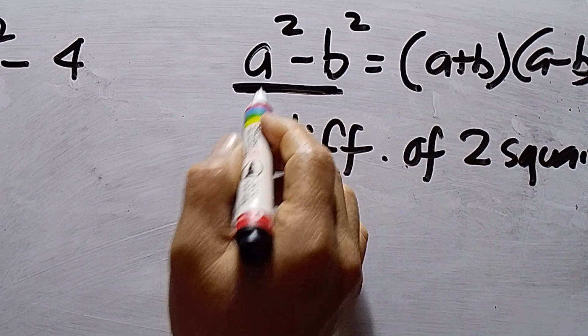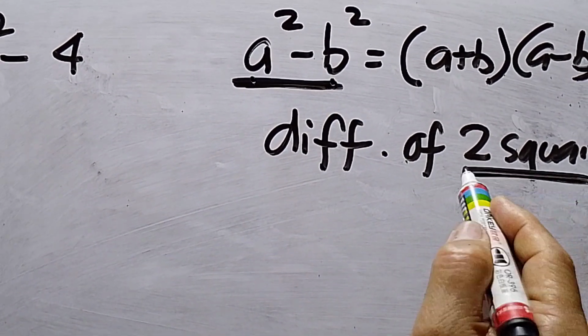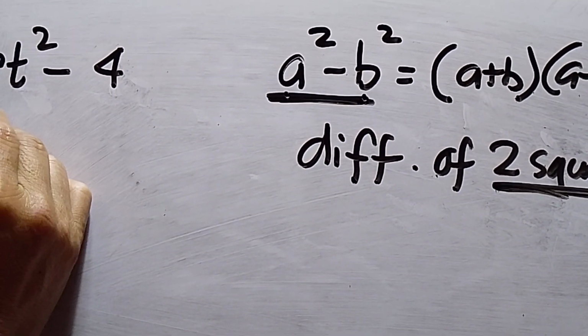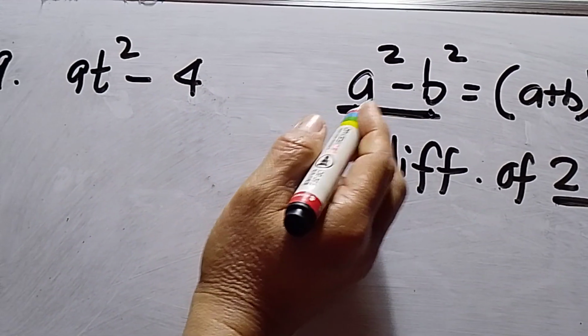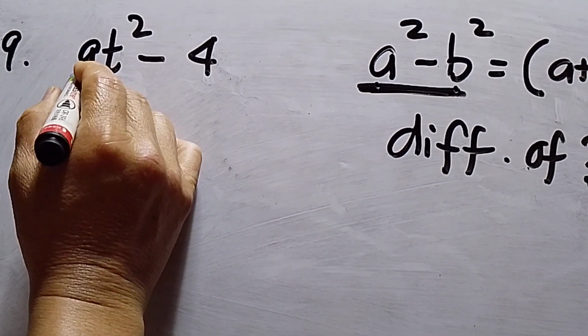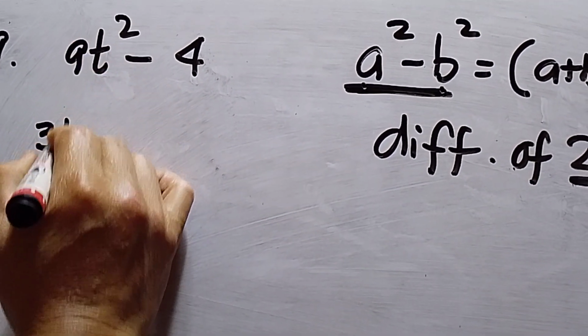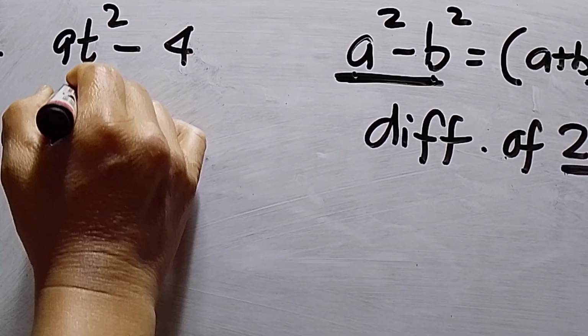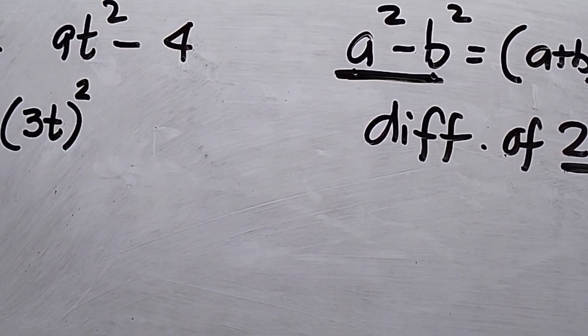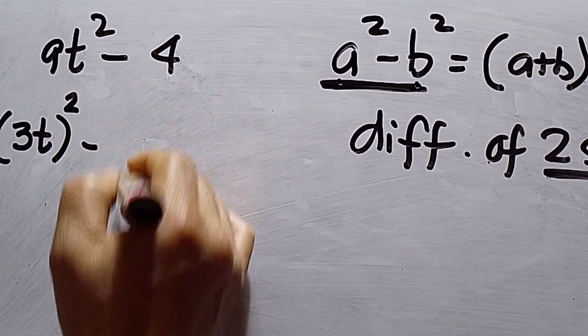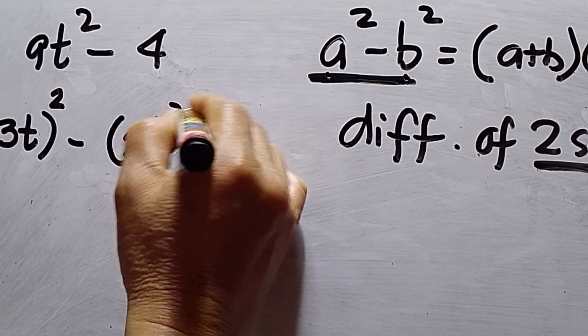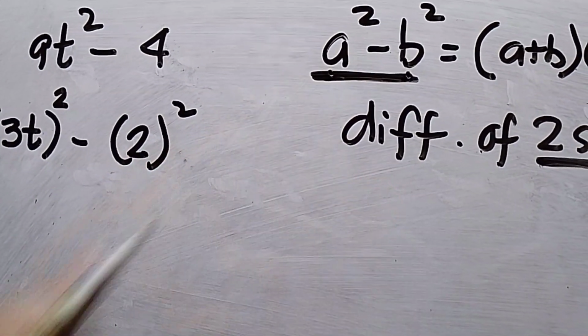Take note, a squared, b squared, so two squares. So we will make first the standard form of a squared minus b squared. So this will be square root of 9 is 3. Then square root of t squared will be t. And then close with 2, the exponent. So minus square root of 4 is 2 and then squared. So the same with the standard form.